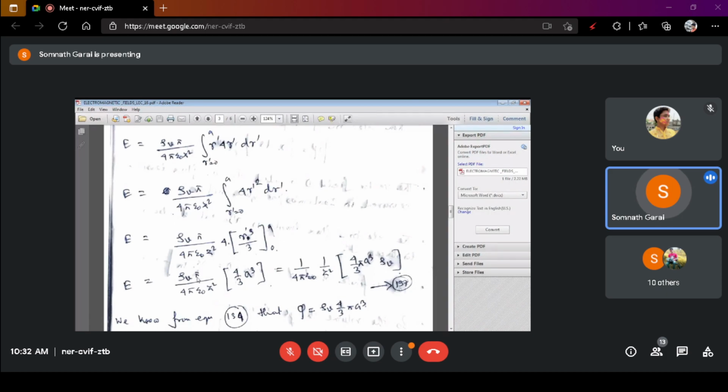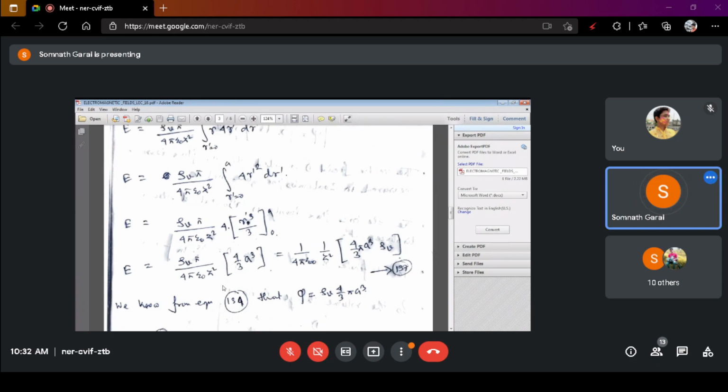Now, if we multiply this pi to here and rearrange this value, that will be 1 by 4 pi epsilon naught, 1 by Z square into 4 by 3 pi A cubed rho V, right?